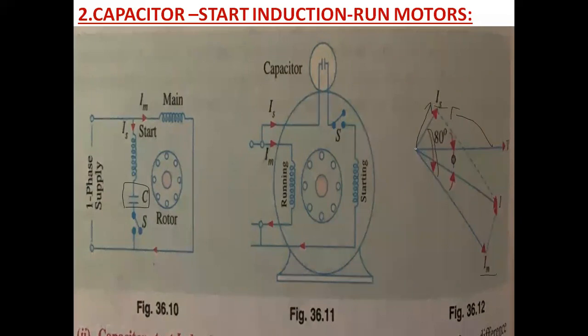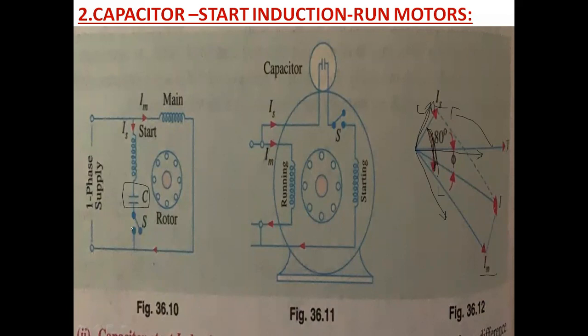If I take resistance, the phasor diagram will be nearer to V. If I take inductance, the phasor diagram will be far away from V, lagging. If I take capacitance, the phasor diagram of IS will be leading to V. So here IM is of inductive nature and IS is of capacitive nature. So there exists a lot of phase difference. This phase difference produces the EMF in the rotor.